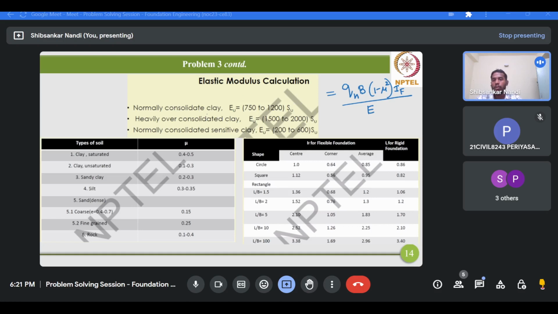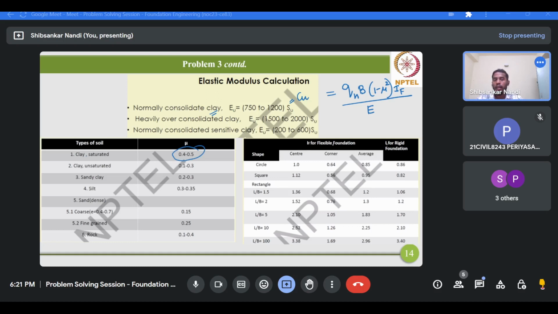Since this clay is mentioned as normally consolidated, the elasticity modulus would be in between 750 times to 1200 times of Cu. Here Cu is nothing but the undrained cohesion, as mentioned in this problem. Then for saturated clay, now for this given problem, the soil mass is clay and again it's saturated, so the Poisson's ratio will be in between 0.4 to 0.5.